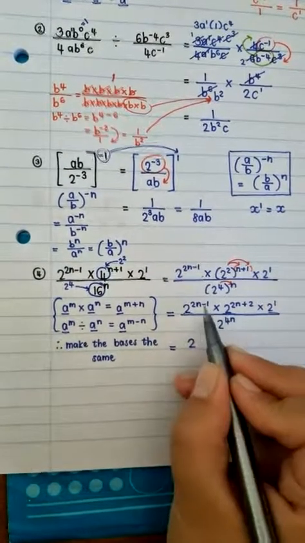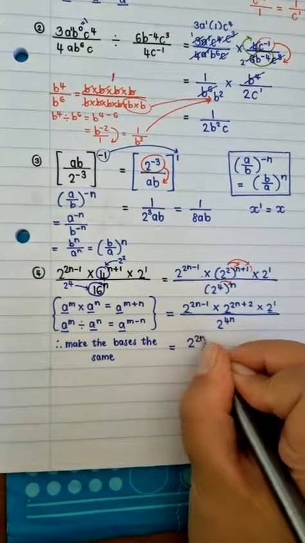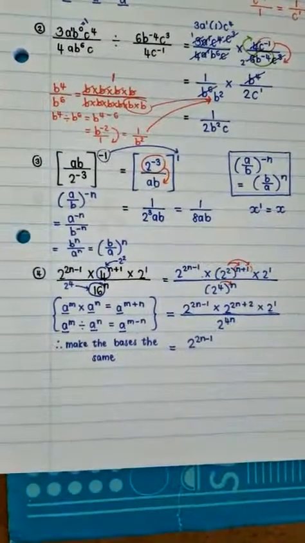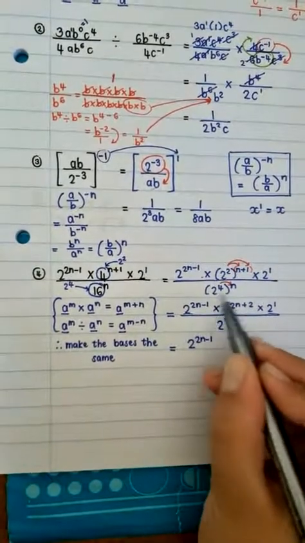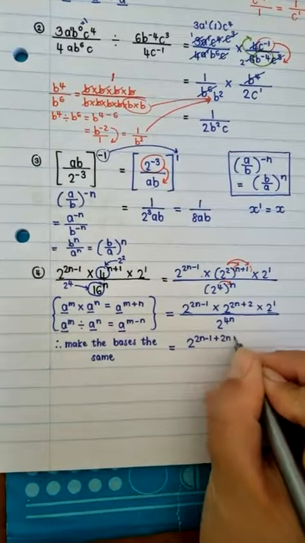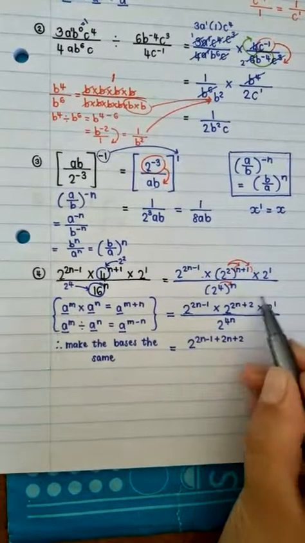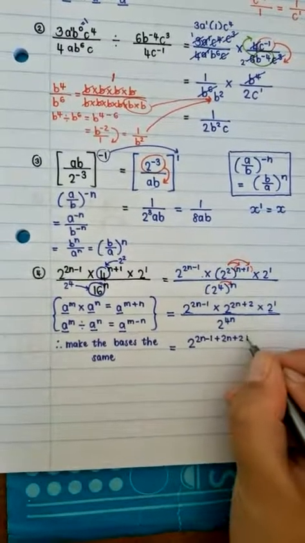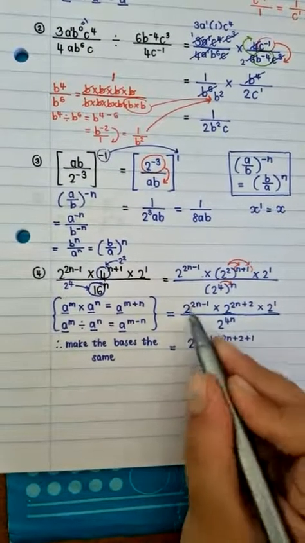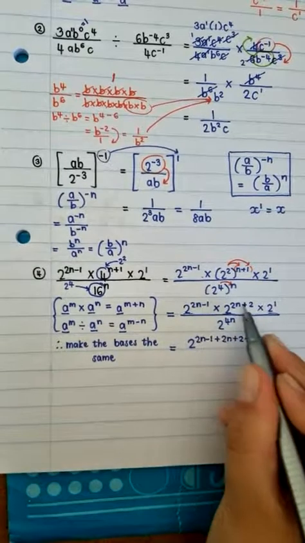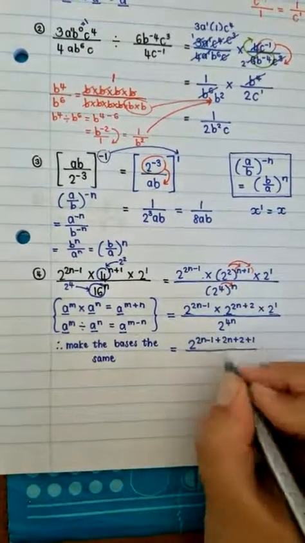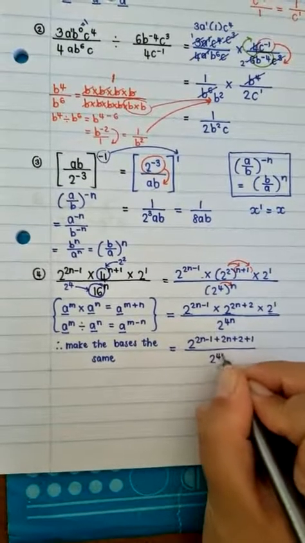So it's going to be 2, and now I'm going to take that exponent, 2n minus 1. Oh, excuse me. And then I'm going to add the next exponent, which is 2n plus 2. And then I'm going to add the next exponent, because remember that is what we do when we multiply these together. We keep the same base and we add all of the exponents. Alright, and that is all over 2 to the power of 4n.